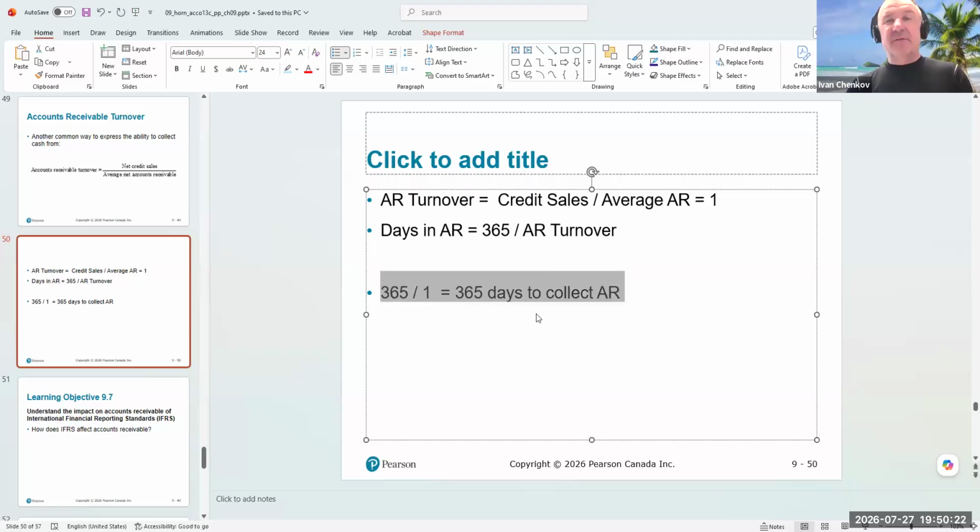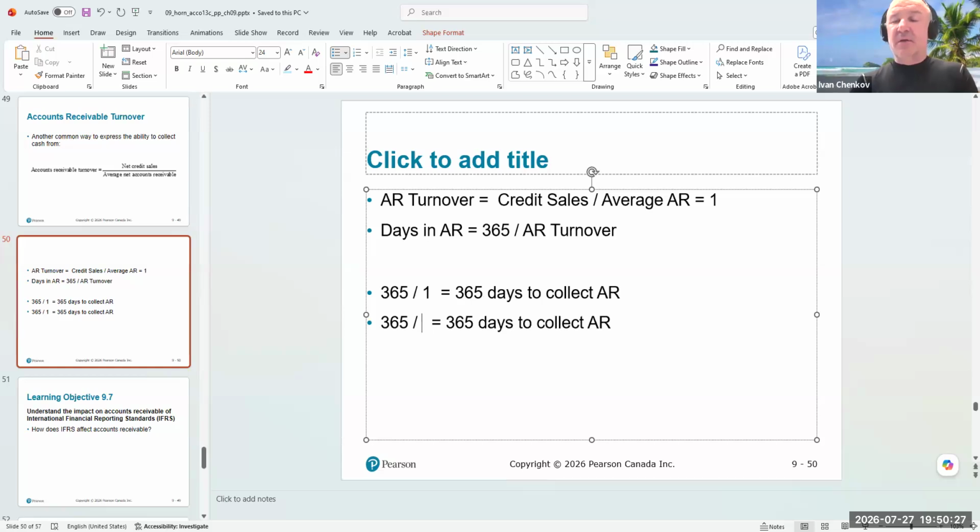If you have 365 as the turnover, then you're collecting on the same day, which is related to a cash business. So again, you want the accounts receivables turnover as fast as possible. If you have a credit term with the client between 15 and 30 days, you want the days to collect accounts receivable to be around 20, 25, maximum 30 days, no more than that.